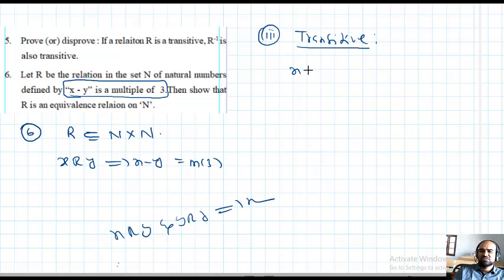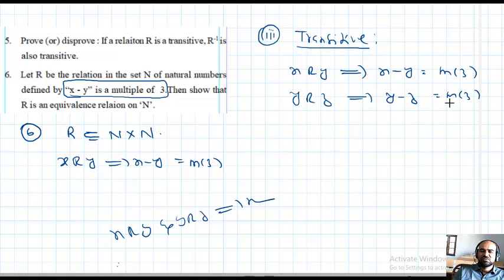I will write x related to y implies x minus y is a multiple of 3. y related to z implies y minus z is a multiple of 3. What should we get from these two? x related to z should be obtained. Add these two or subtract these two, do anything. So you should get this relation.